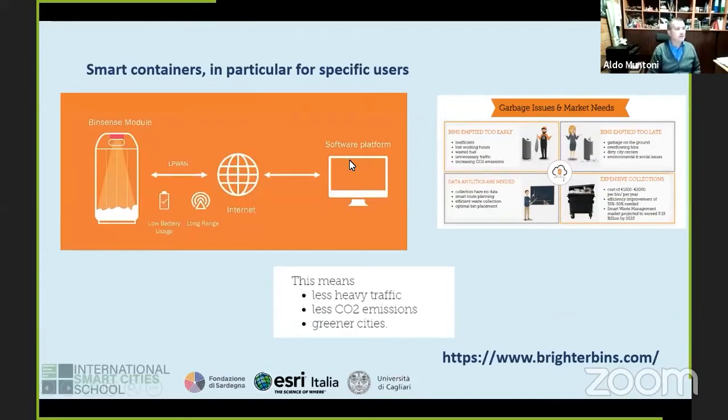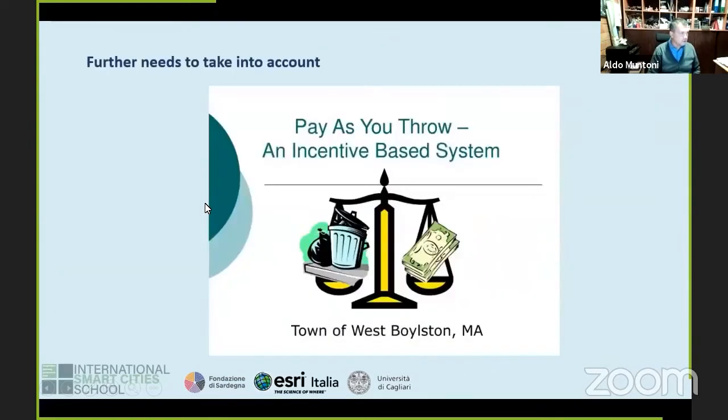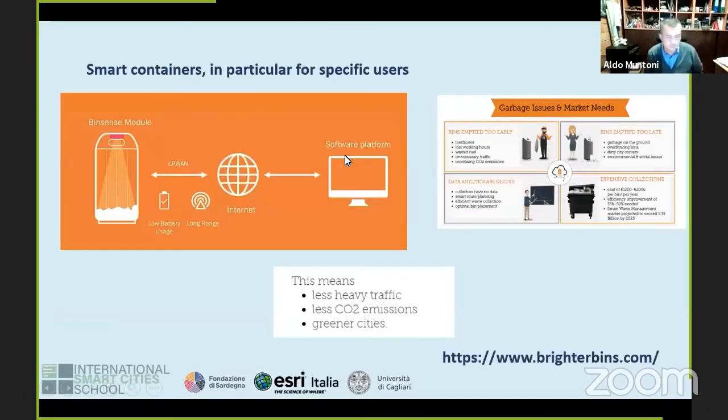And these days, I'm dealing with another smart problem to be solved, because this concept of paying a fee proportional to the amount of waste produced has to be applied also to special users like the universities.